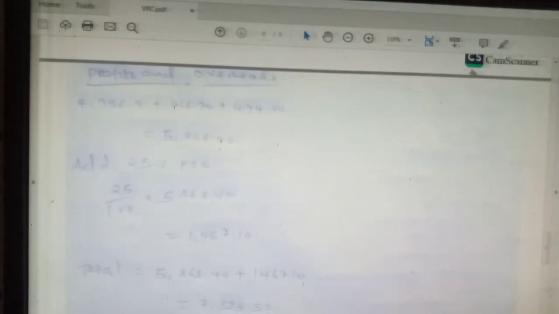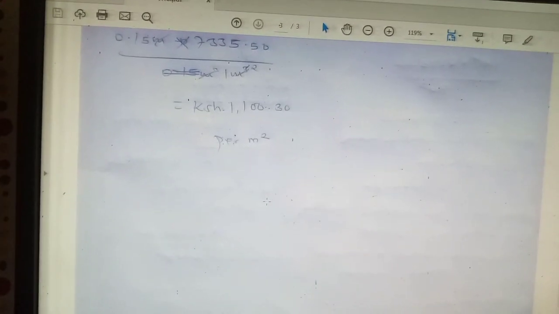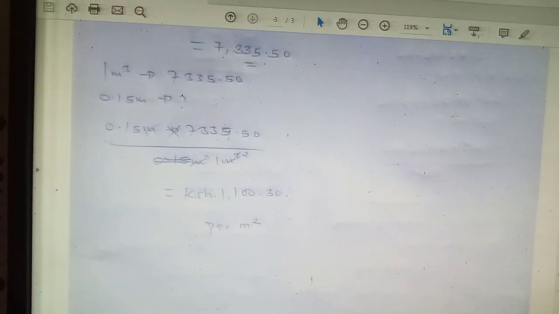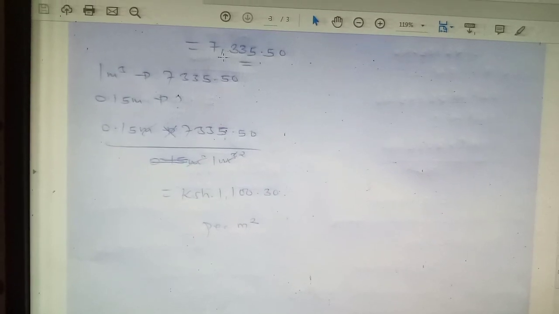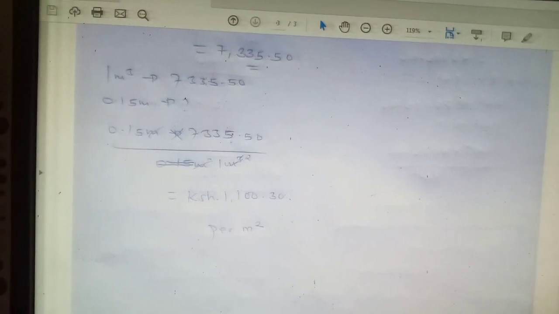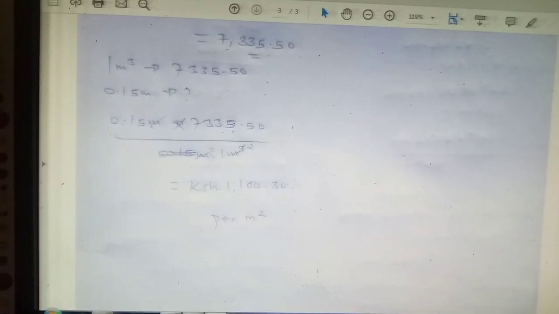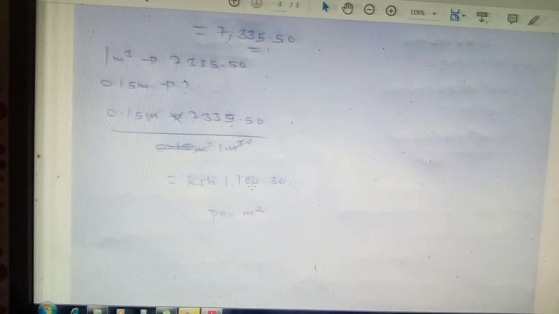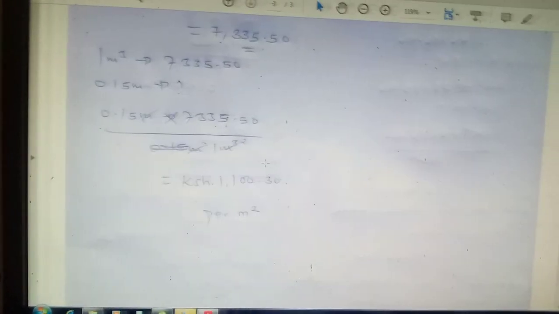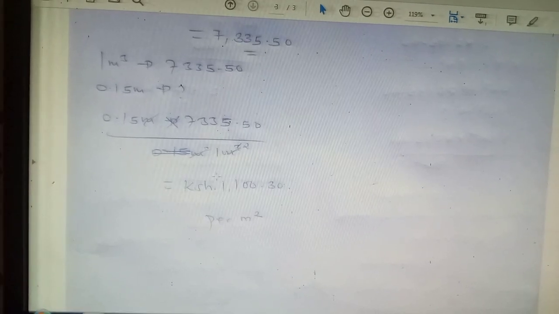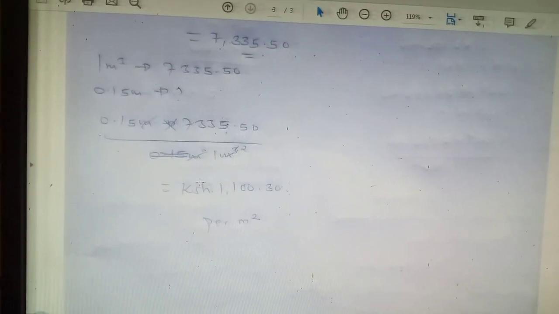So you simply take that 150, convert it into meters, which will be 0.15 meter. Then you multiply it by this cost, which is 7,335. That one you'll convert into per meter square. So that is the value, 1,130 cents. That is the cost, the rate of doing VRC per meter squared.